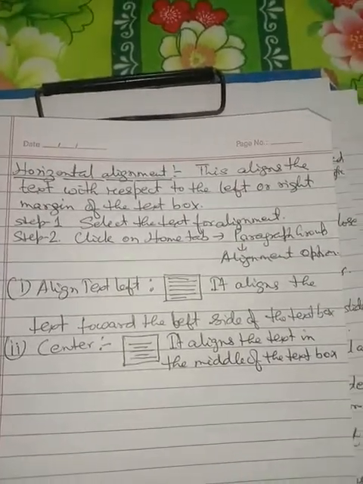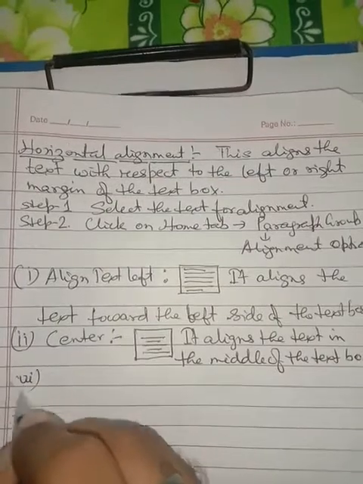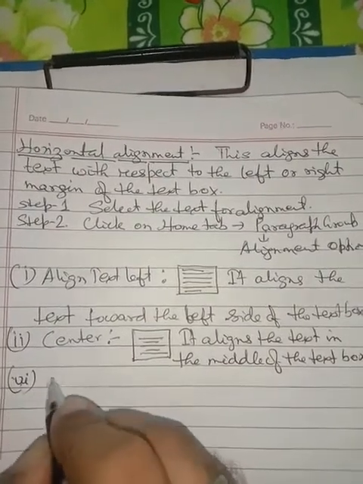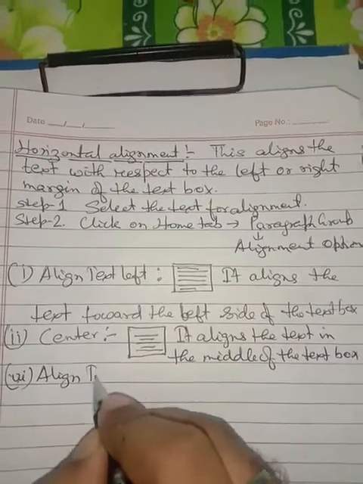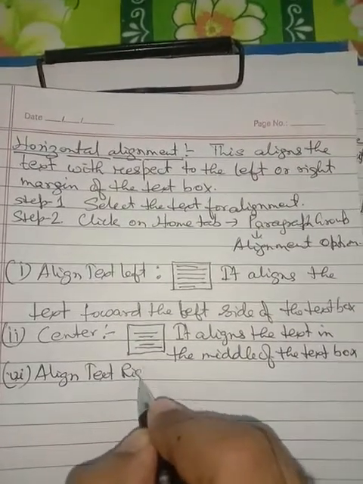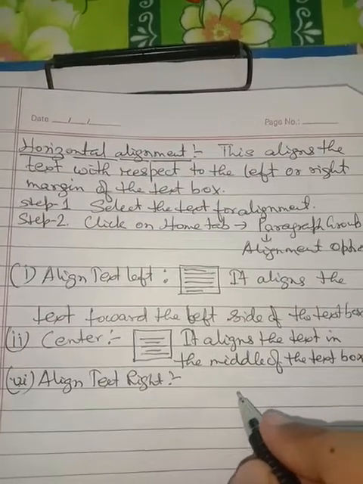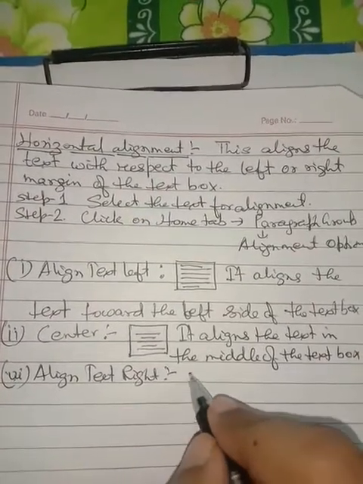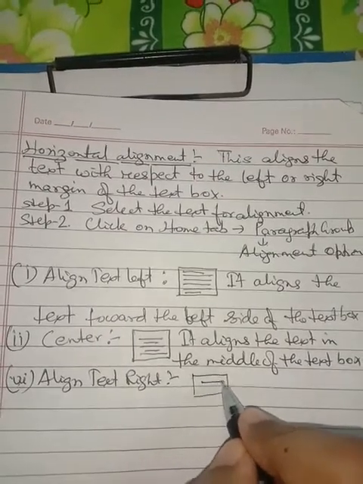Now the third type of alignment that we have is align text right. So what does it do? This is the icon of align text right.